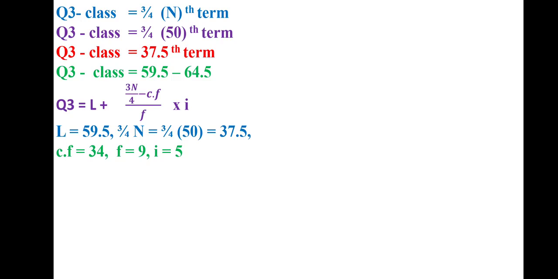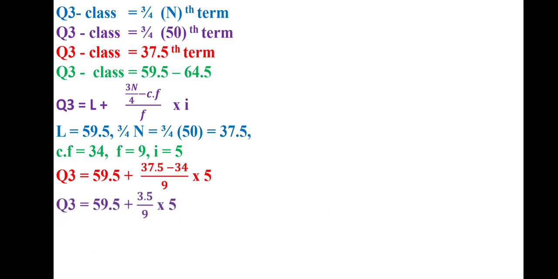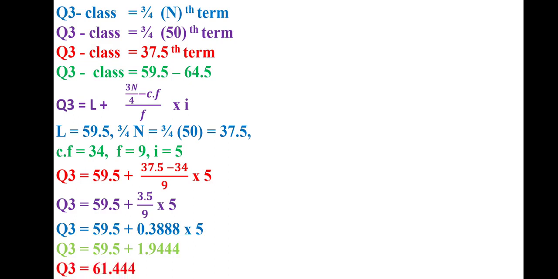I is the difference or width of the Q3 class. So we substitute: 59.5 plus (37.5 minus 34) divided by 9, into 5. Then 59.5 plus 3.5 divided by 9, into 5. Simplifying, 0.388 into 5 gives 1.944. Adding 59.5, we get 61.444. This is the way Q3 is calculated.